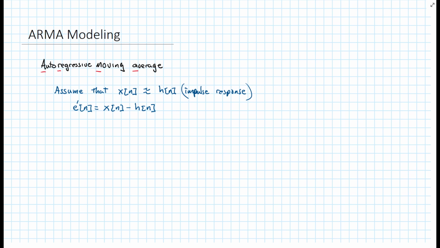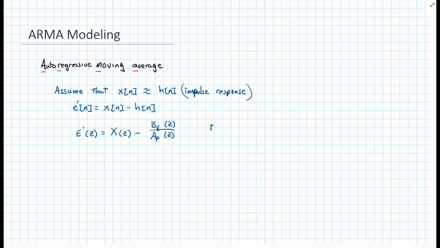Now, if we have a linear system, we can assume that the Z transform of an impulse response can be written as the rational transfer function, B_Q of z over A_P of z, where B is the feed forward part of the filter and A represents the feedback portion of the filter, or the IIR portion.